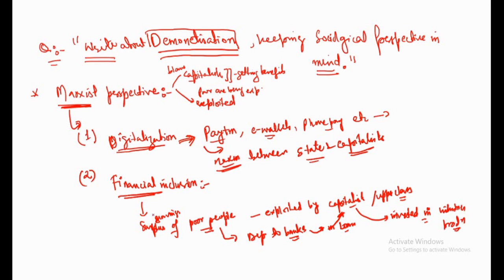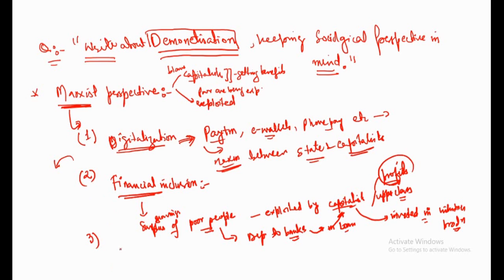So the surplus money of the poor was being used by capitalists for generating profits. If you are writing this, it means you are writing from a Marxist perspective. You can gather certain data from newspapers to justify this, or you can simply write a paragraph on this.